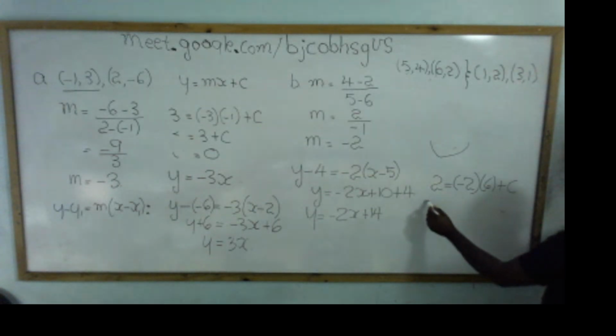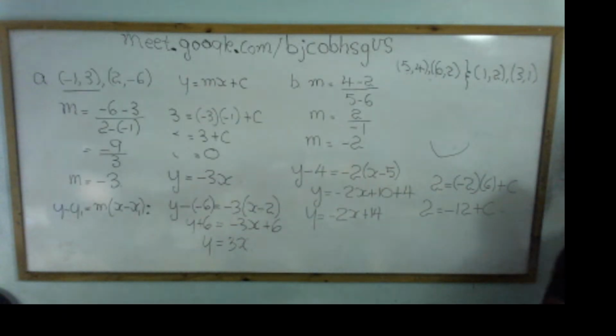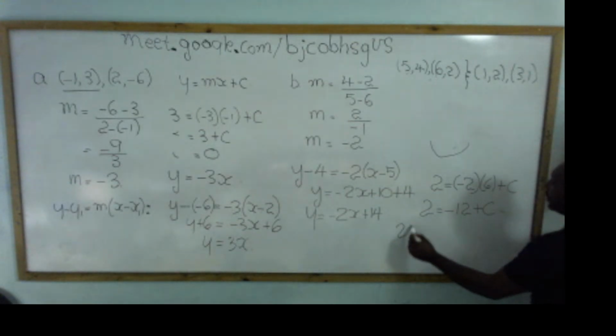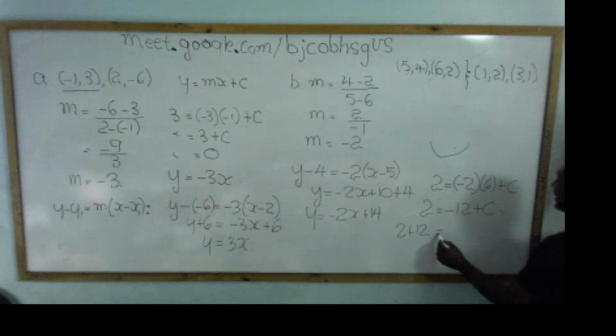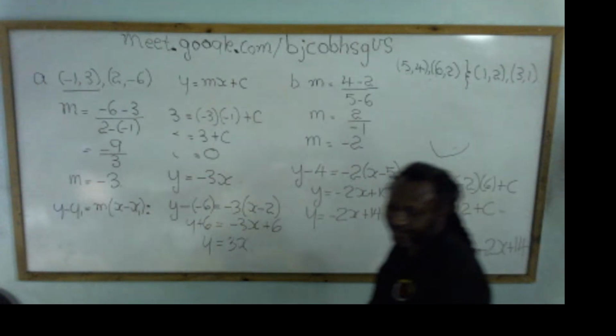So we have 2 is equal to negative 12 plus c. To eliminate this negative 12, we are going to add 12 to both sides. So 2 plus 12 is equal to c, so c is equal to 14. And we may finish up by saying y is equal to negative 2x plus 14, just like we have it right there.